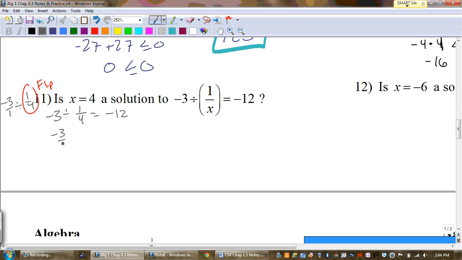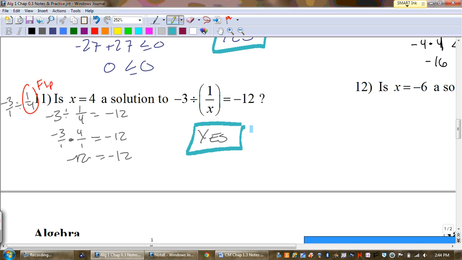So we've got negative 3 over 1 times 4 over 1 equal to negative 12. Okay, remember, if you divide by a fraction, you really multiply by the reciprocal. Okay, so negative 3 times 4 is negative 12, and you're left with negative 12 over 1. Now, do we actually need that over 1? No, you don't. But does negative 12 equal negative 12? Yes, it does.